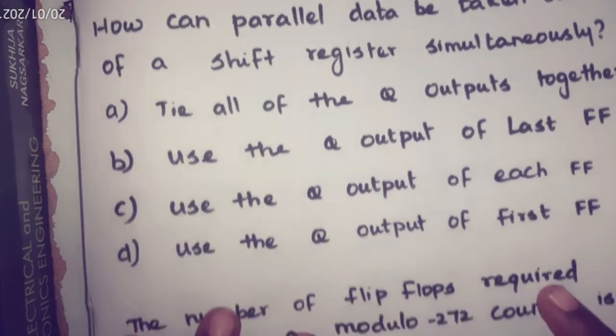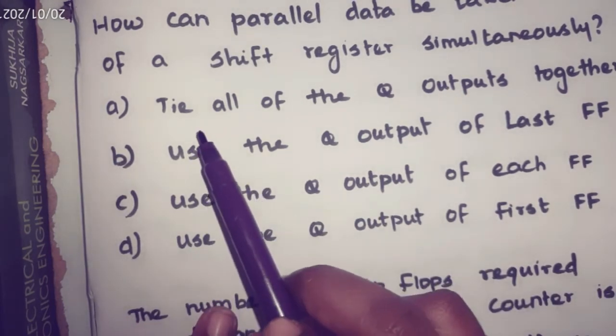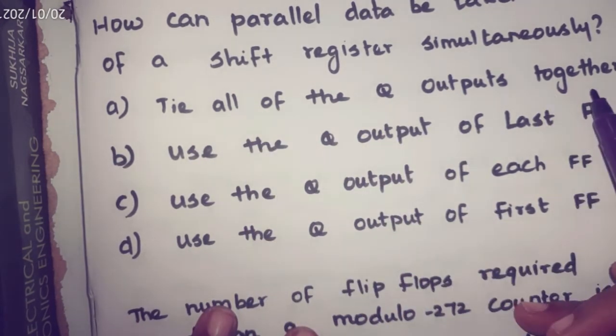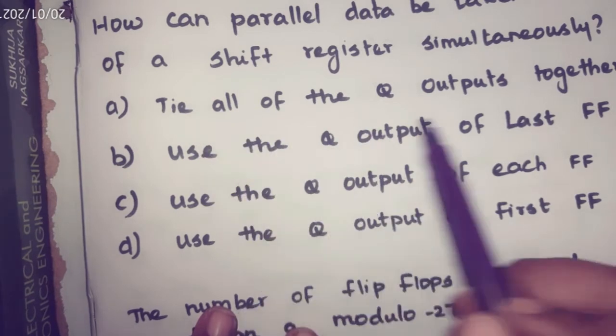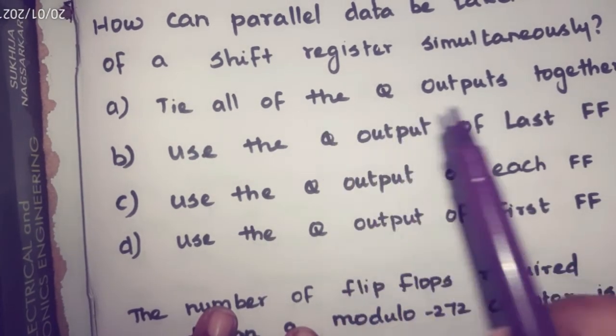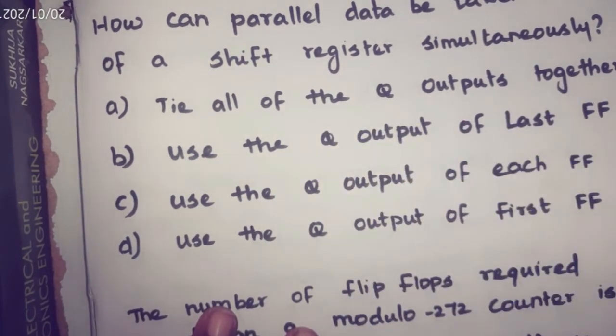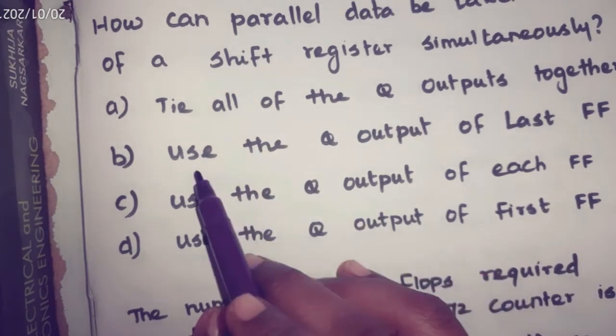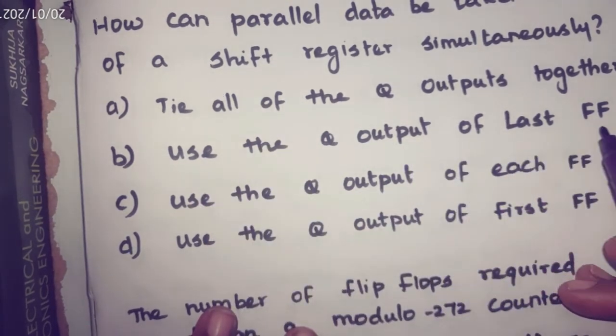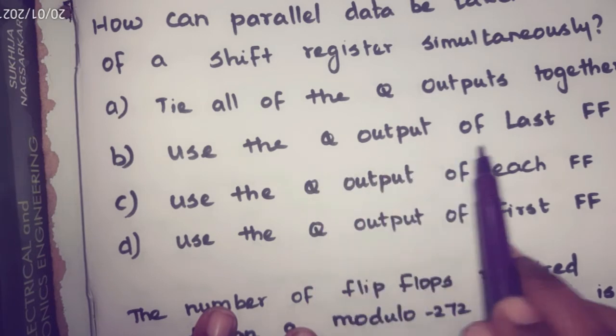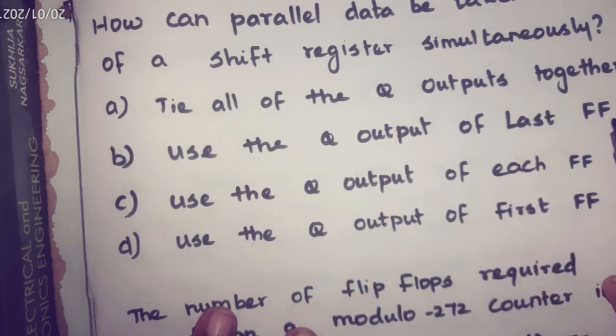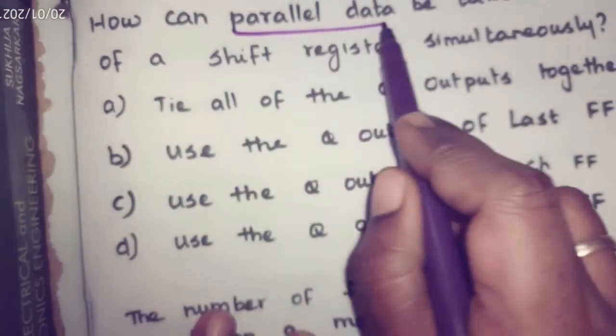Okay, so here the options are, first one is tie all of the Q outputs together. If you tie all the outputs together, you get only one output. Second one, use the Q output of the last flip-flop. Here we are taking the output of the last flip-flop only, and it's like a serial out. But here we need parallel data.